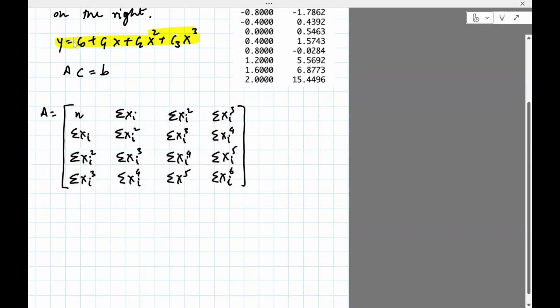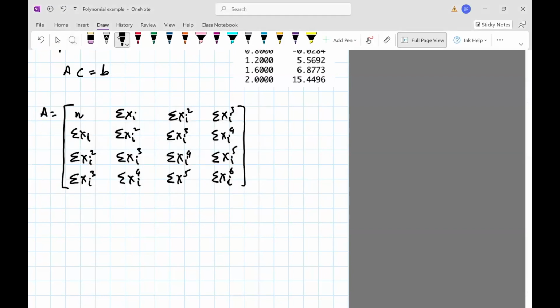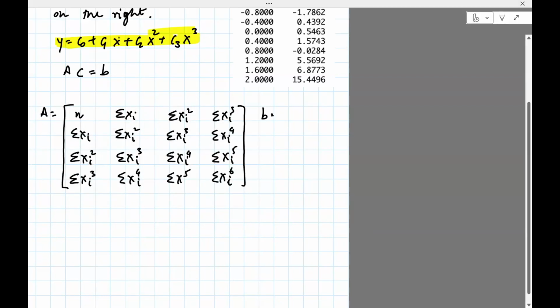Okay, that's A. And then B is summation yi, summation xi yi, summation xi square yi.